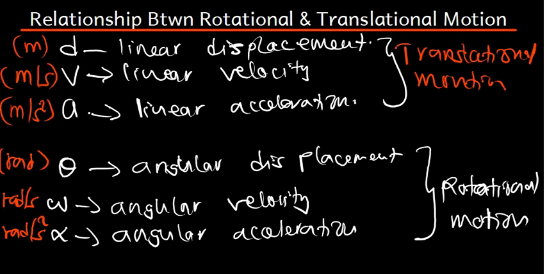Now, we have to build up something here. We are saying that we have the linear and the angular. These are the formulas which you have to know, the relationship which is there.